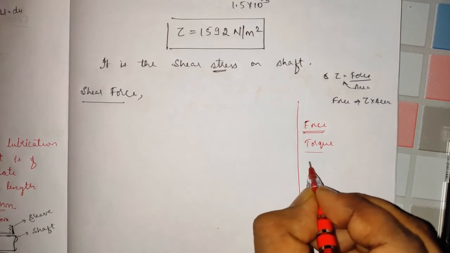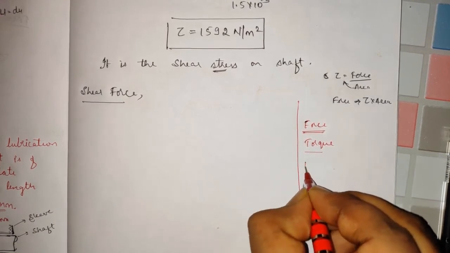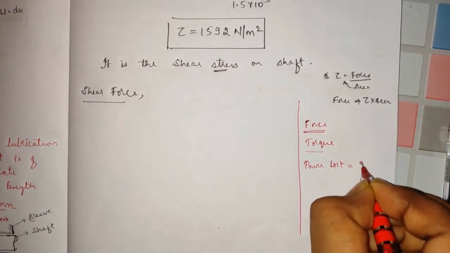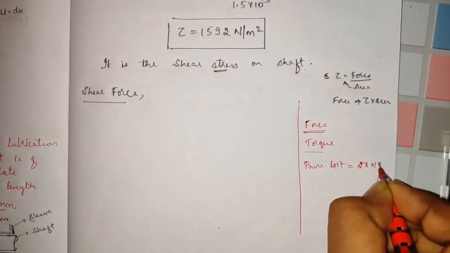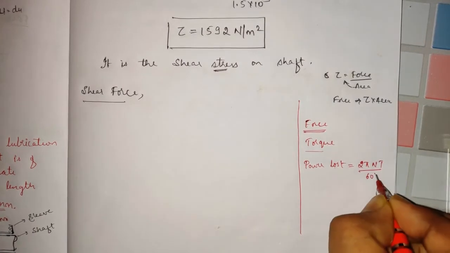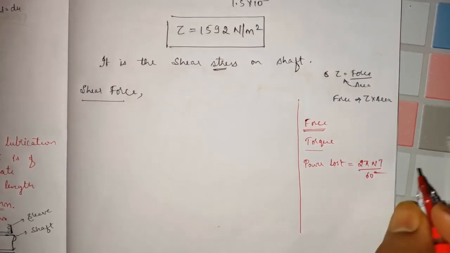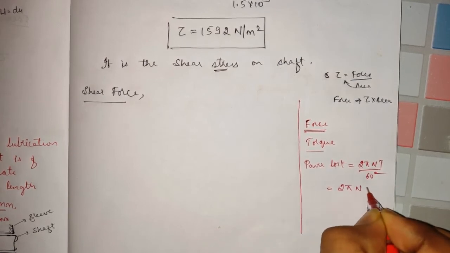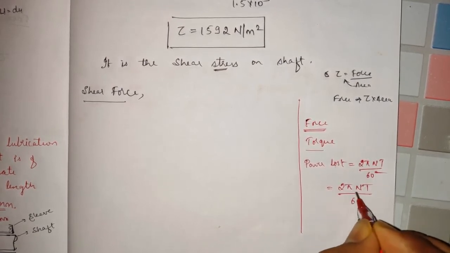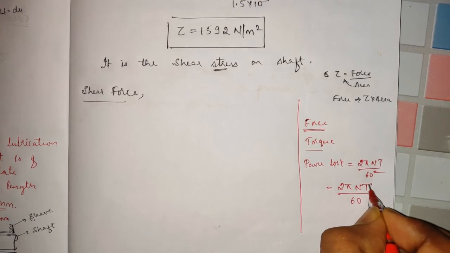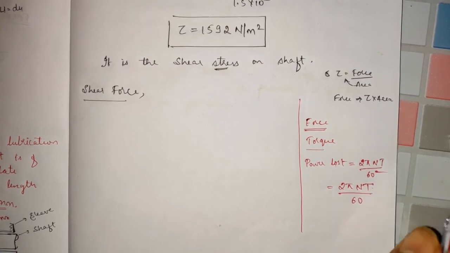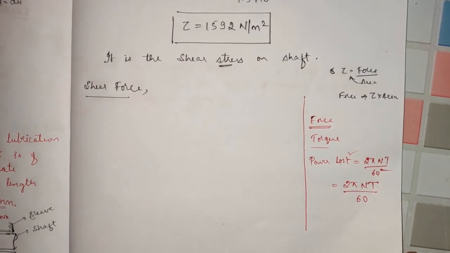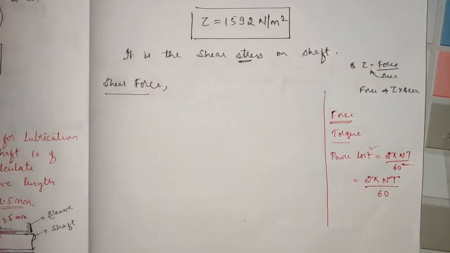Because power lost formula is 2 pi nT by 60. It's not 60 degree, it's just a value, empirical formula. Where n I know, and T is nothing but the torque. 2 pi nT by 60 is nothing but the power lost. So power is back, my dear friends.